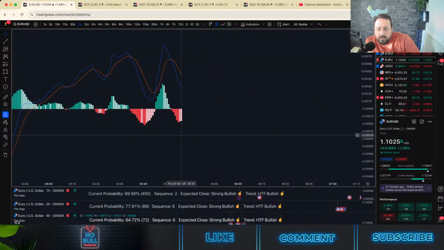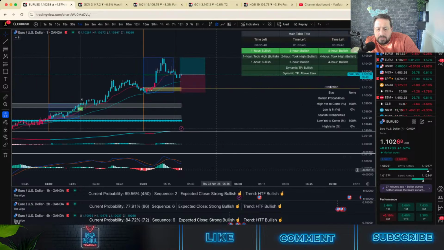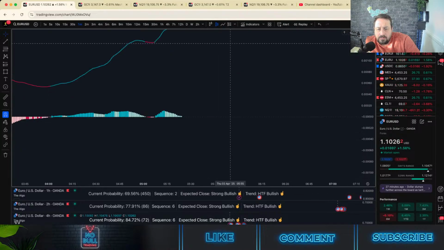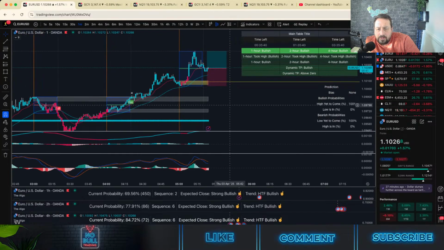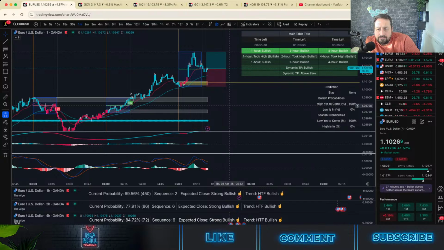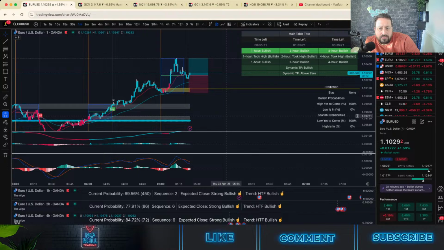Still think we got more downside though. You've got an early buy signal, more likely our low. There's enough reasons to take the trade. New 4 hour.